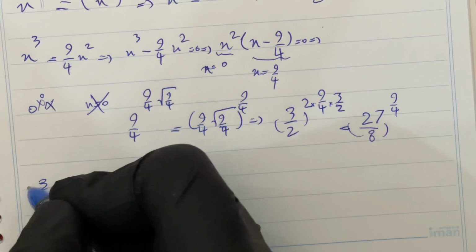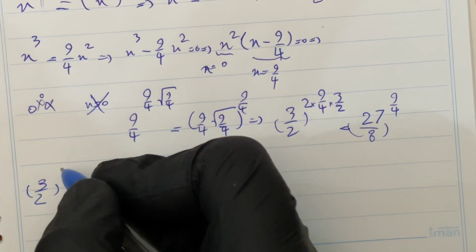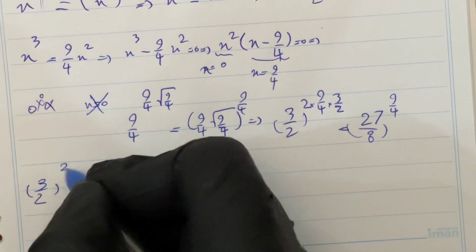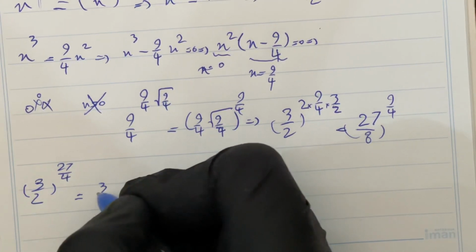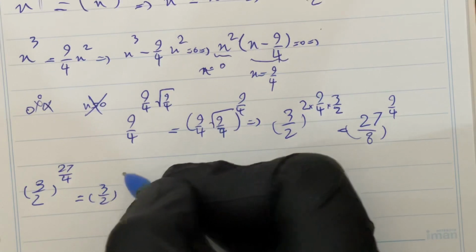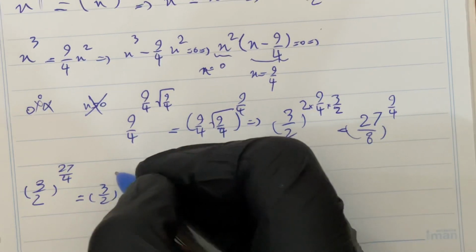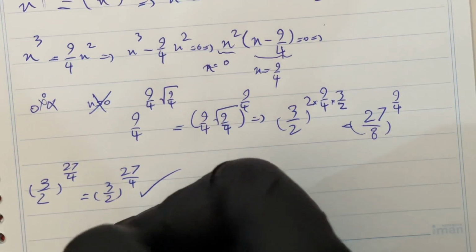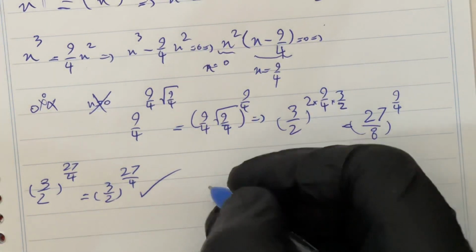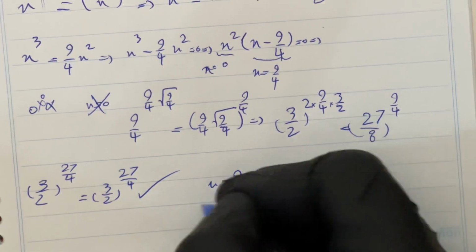We would have 3 over 2 times 27 over 4 equals 3 over 2 to the power of 3, and 3 times 9 over 4 is equal to 27 over 4, and it is correct. And so that was our answer. The only answer was this.